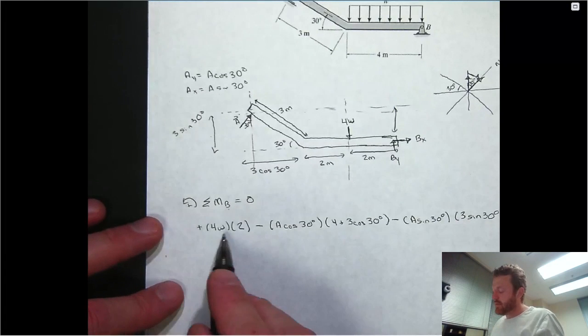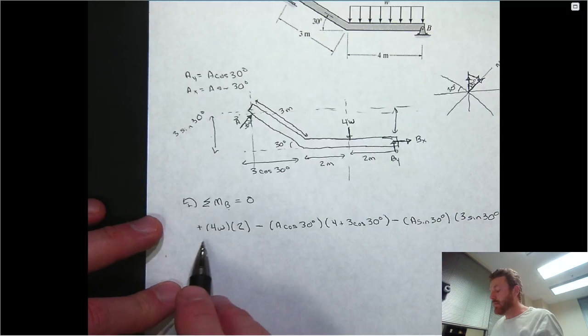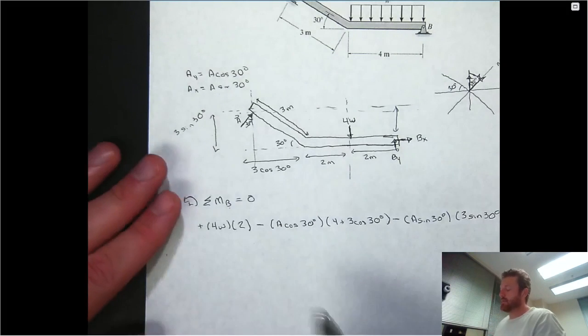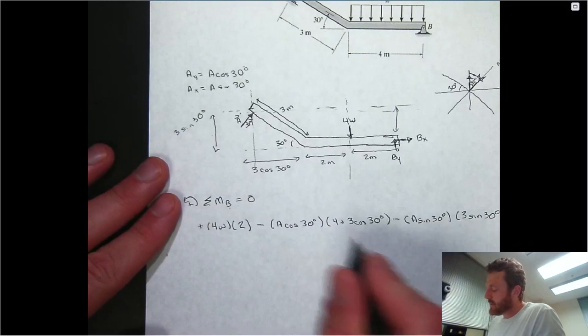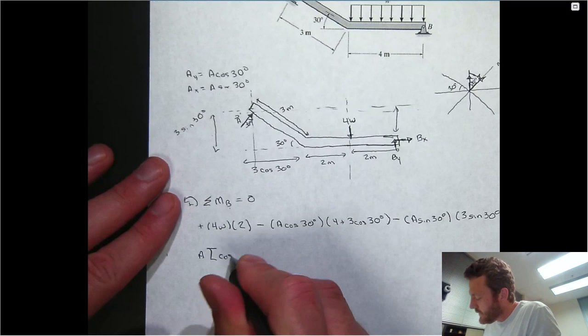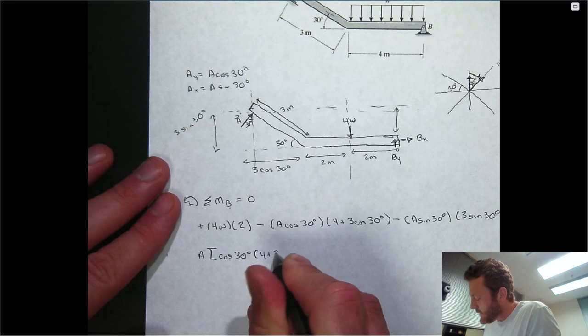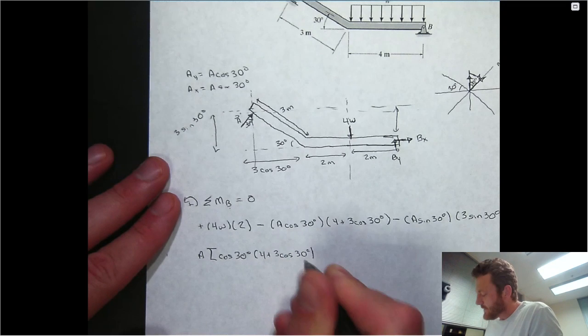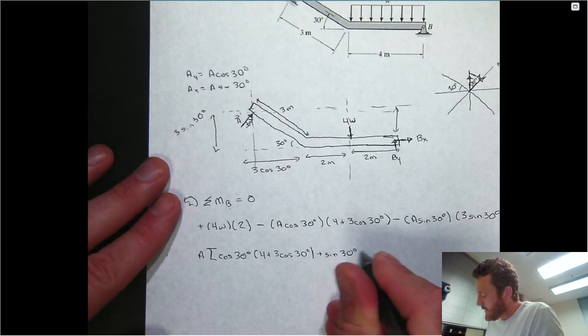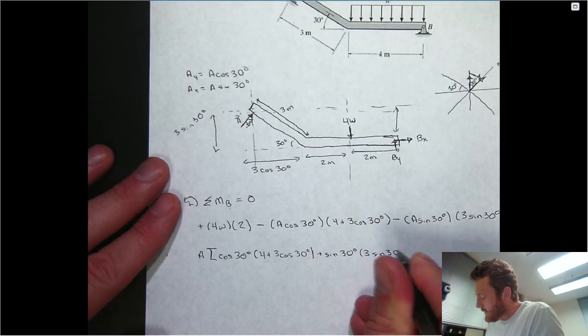So what I can do is write an expression for A in terms of W. You could do it the other way around too, but what we'll ultimately want is to simplify our analysis moving forward by substituting an expression in W for anything that involves A. So let's move both of these terms to the other side, and we'll write A times, from this term, cos 30 times 4 plus 3 cos 30, and from this term, plus sine 30 times 3 sine 30.